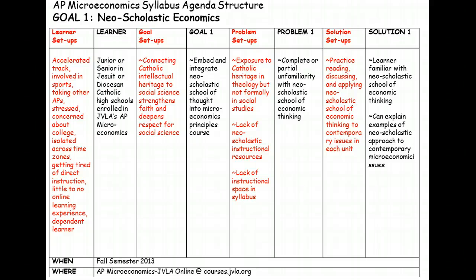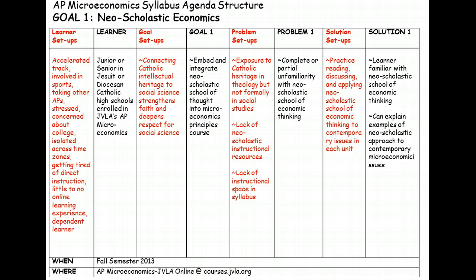First, to teach the neo-scholastic economic approach in the course. Second goal, to teach the principles and models of microeconomics. And the third goal is to prepare for the AP exam itself. The first goal seeks to expose students to what might be called the neo-scholastic way of economic thinking.